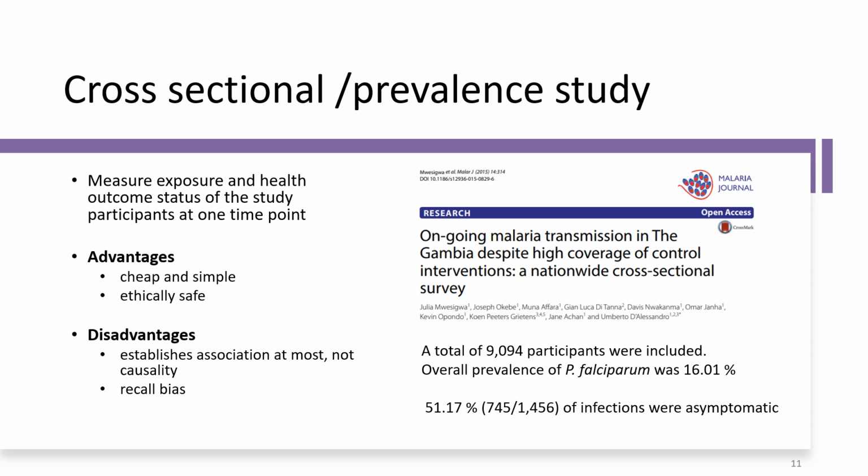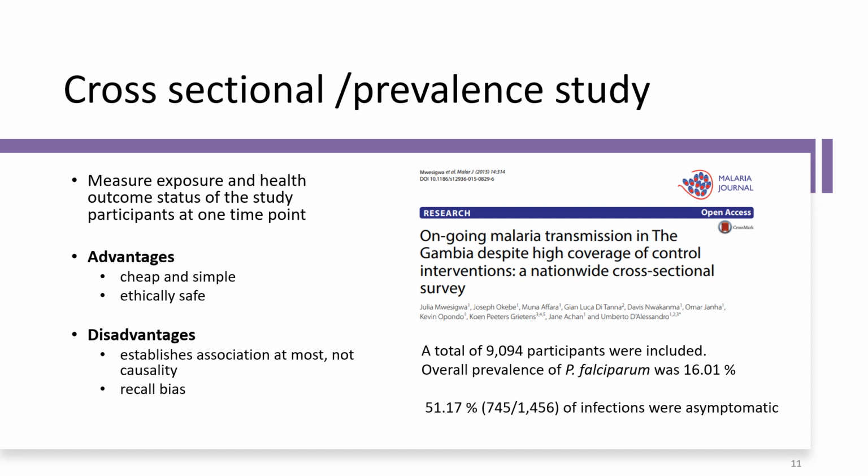You may also have issues with recall bias, because again, you're asking specific questions on exposure and people may not always remember. The example here is a study that was done here in the Gambia, looking at prevalence of malaria among study participants.